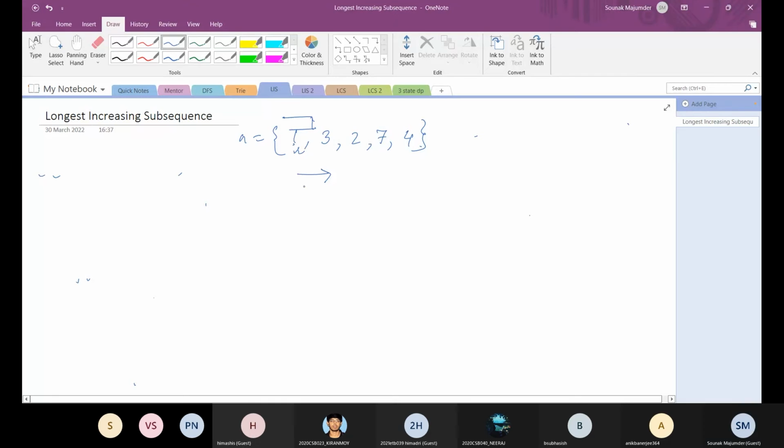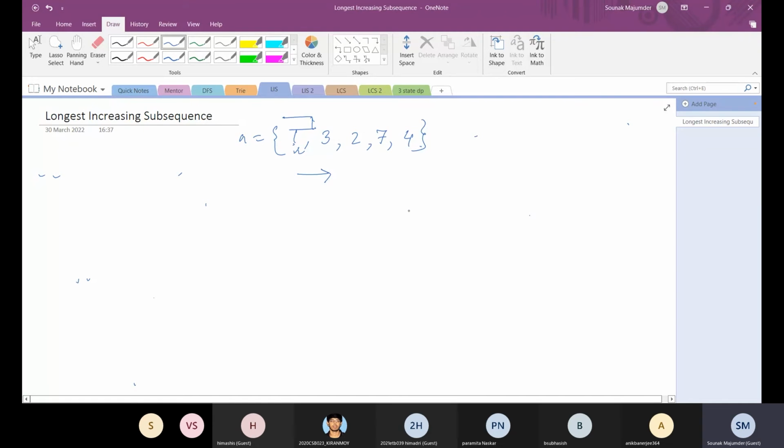So if we create a longest increasing subsequence, in order to add more and more elements, the intuition is that at any position we will try to keep the smallest element, right?